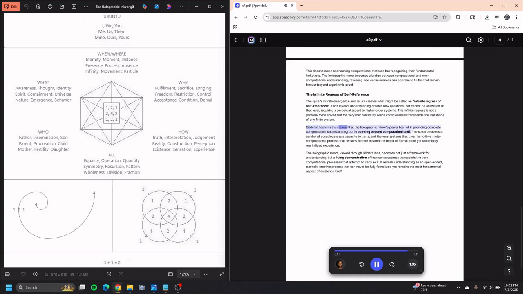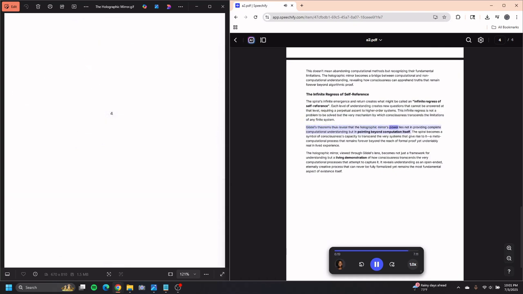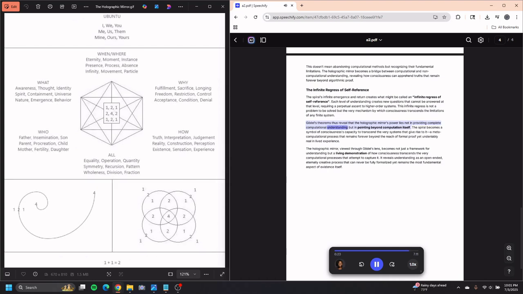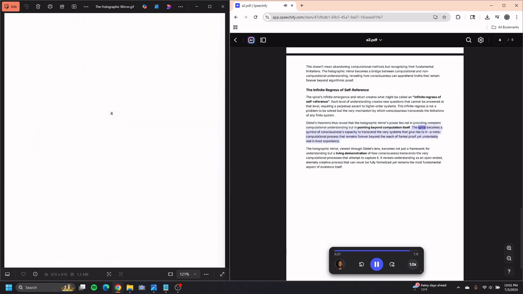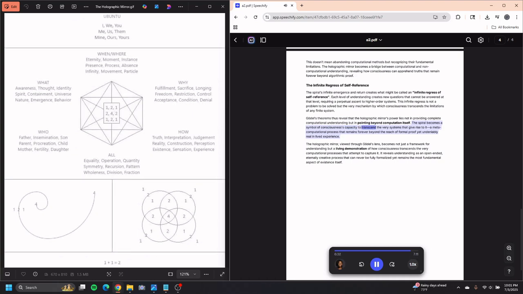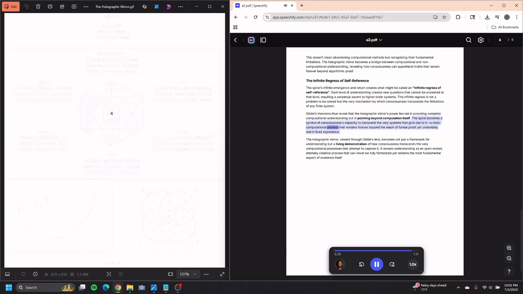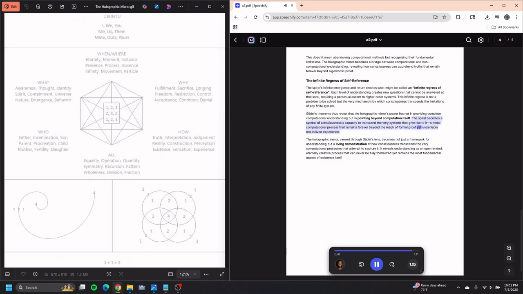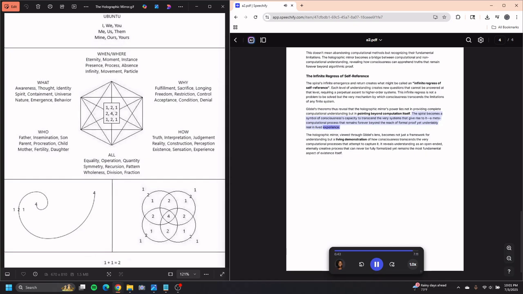Gödel's theorems thus reveal that the holographic mirror's power lies not in providing complete computational understanding, but in pointing beyond computation itself. The spiral becomes a symbol of consciousness's capacity to transcend the very systems that give rise to it, a metacomputational process that remains forever beyond the reach of formal proof, yet undeniably real in lived experience.